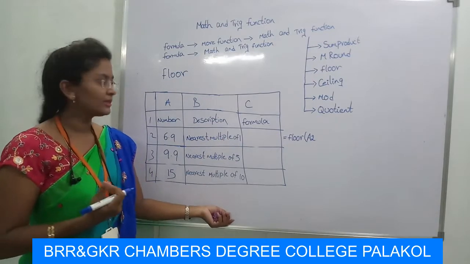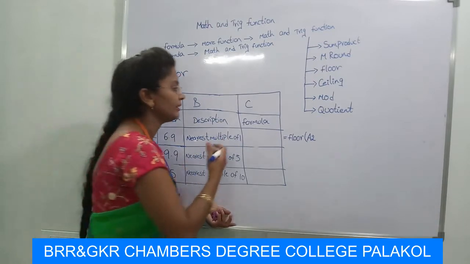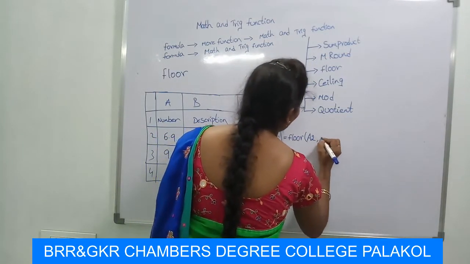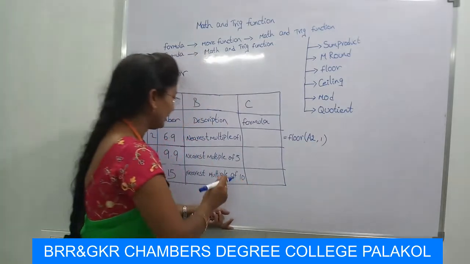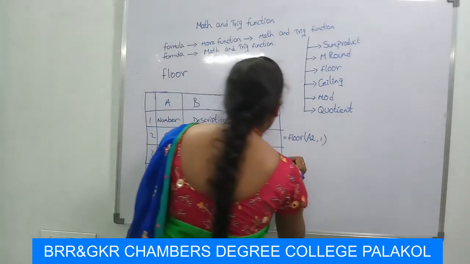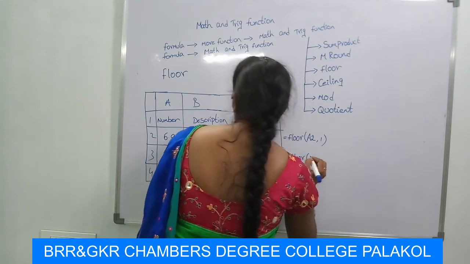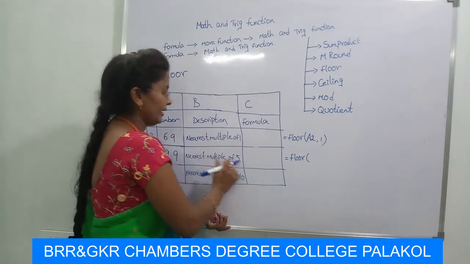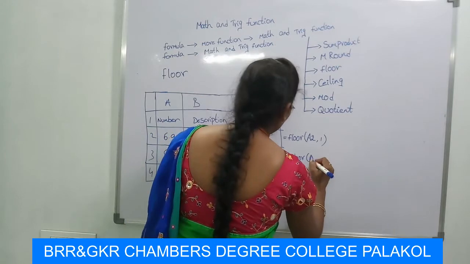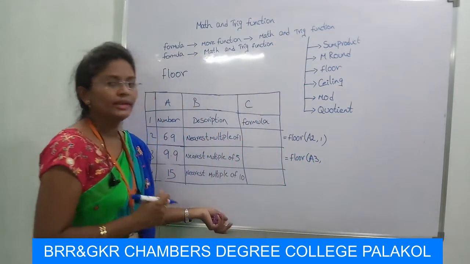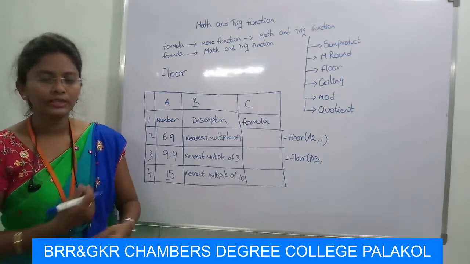I have to enter the data as A2, 1 here, and then the same formula for the 9.9 number, that means cell reference A3, and the multiple of that one is 5.